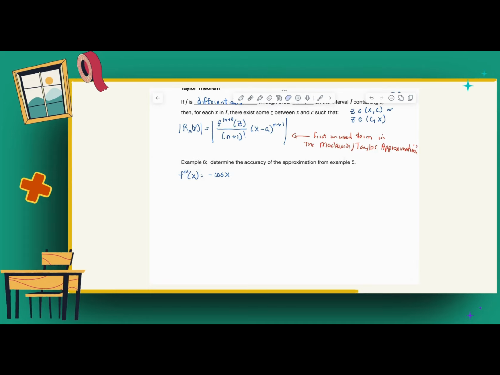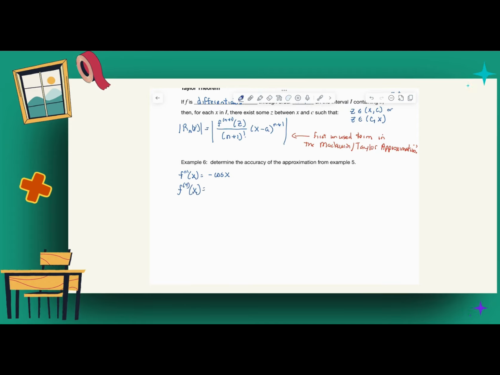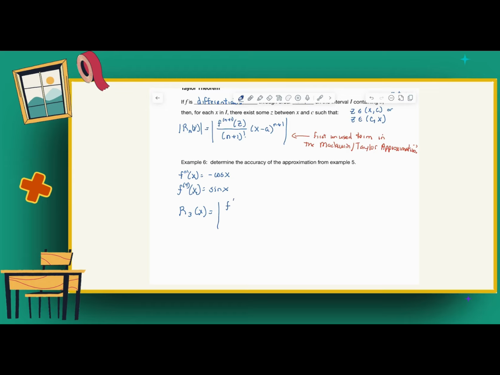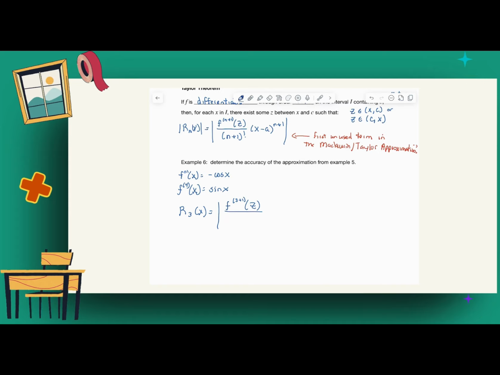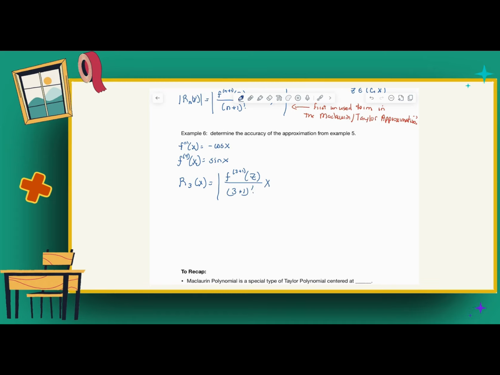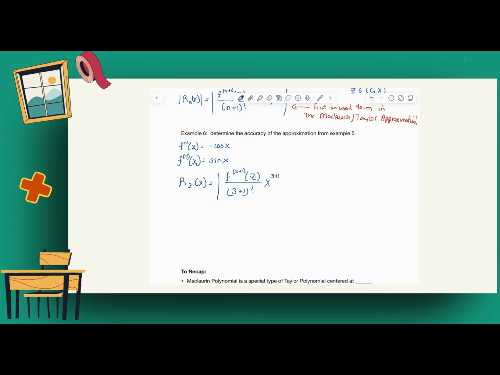Since the third derivative is negative cosine of x, the derivative of negative cosine of x is sine of x. Our error is going to be equal to the absolute value of f to the 4th derivative, because if I take 3 plus 1, that gives us 4, evaluated at z, times 3 plus 1 factorial, x to the 3 plus 1 degree.